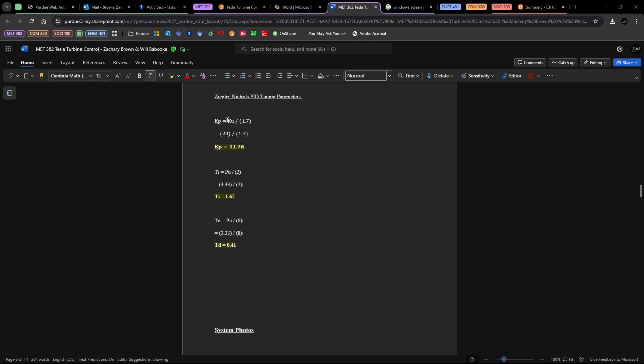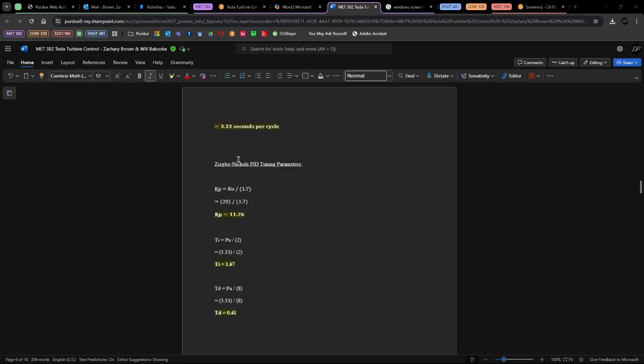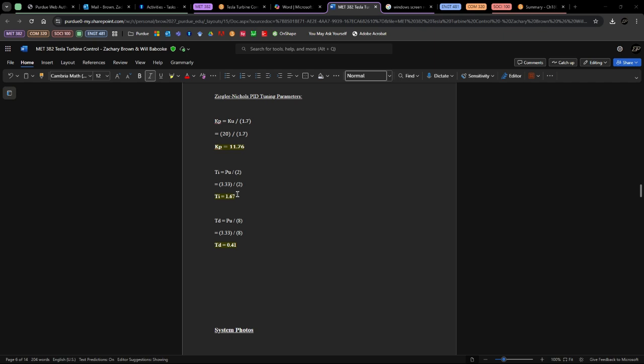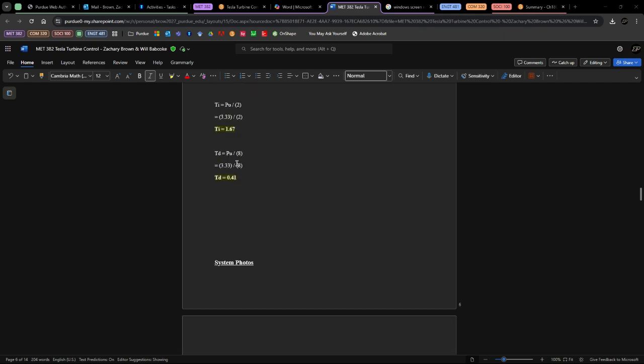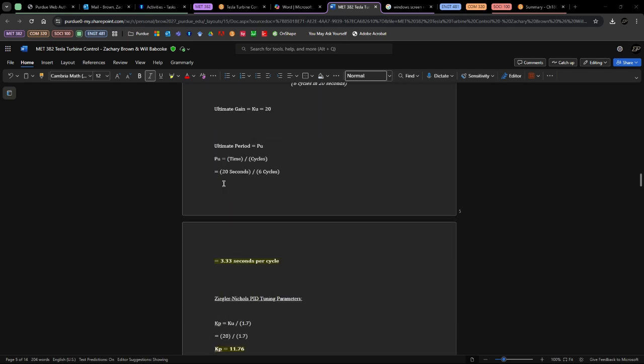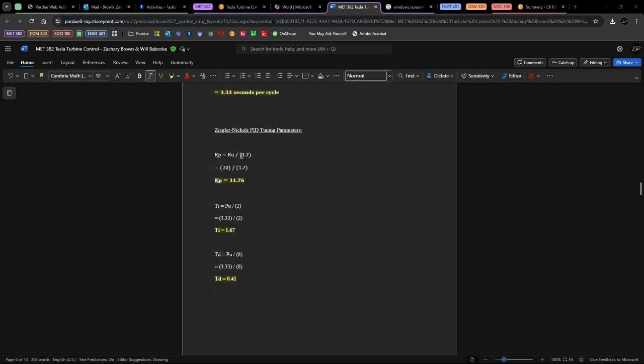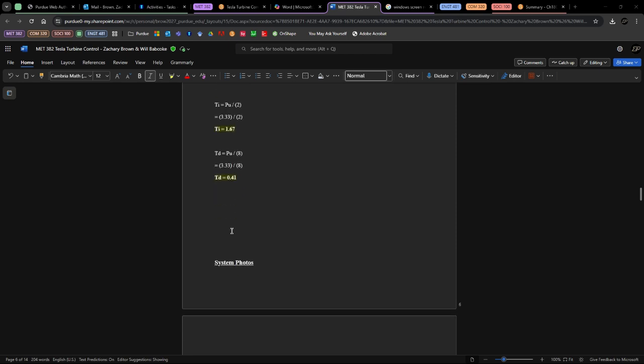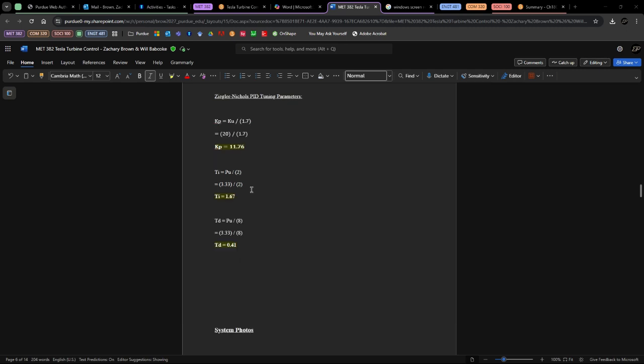So we do the 20 for the ultimate gain divided by 1.7 gives us 11.76 for the proportional, and then we do 3.33 divided by 2 to get us the integral value, and then we take the ultimate period here divided by 8, which gives us 0.41 for the derivative value.